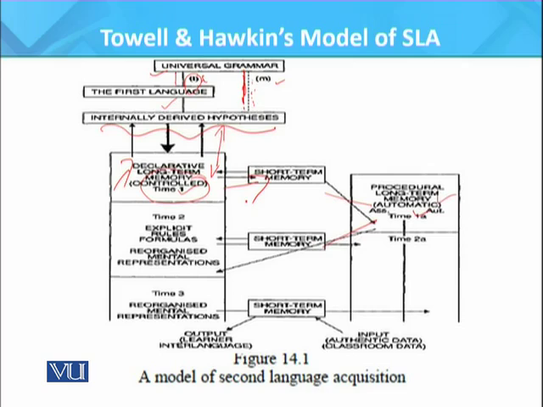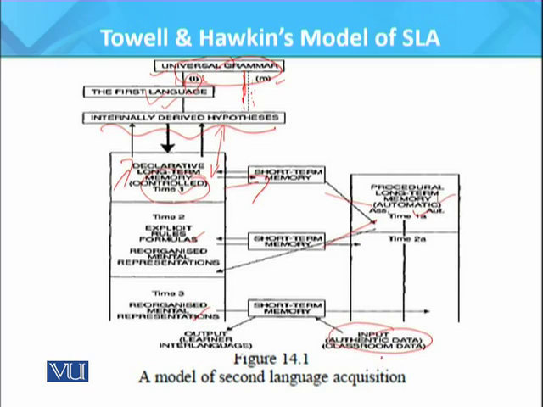The internally derived hypotheses from the universal grammar and L1 by definition offer substantive suggestions for the core of linguistic knowledge and those parameters which are applicable to languages. And they follow the information or the parameters, explicit rules, reorganized mental representation. Then you have input.